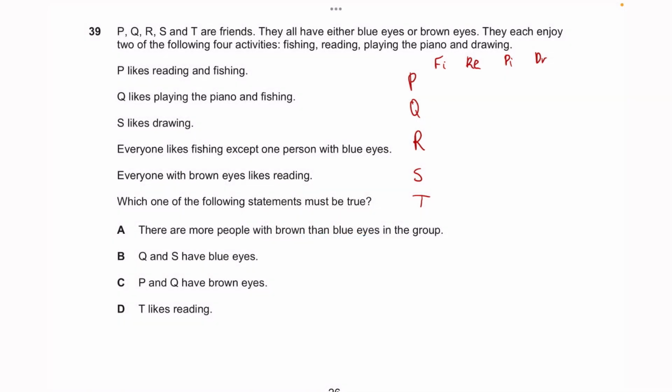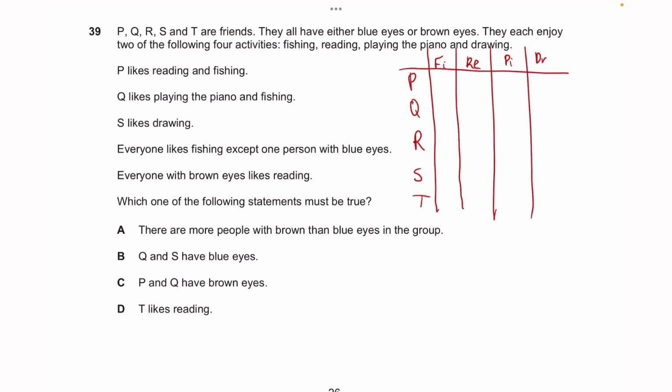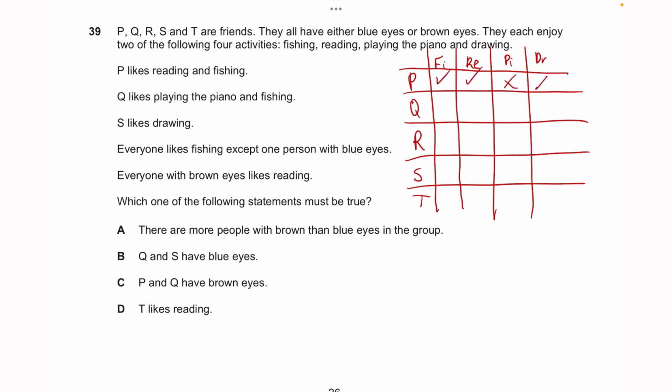What we're going to do is we're going to now fill this in. And remember, they only need to like 2 out of the 4 activities listed. So what we know is that P likes reading and fishing. And so we're going to tick reading and fishing, but not piano or drawing. Now Q likes piano and likes fishing, but that means reading and drawing, not so much. S likes drawing, and that's all we've been given.